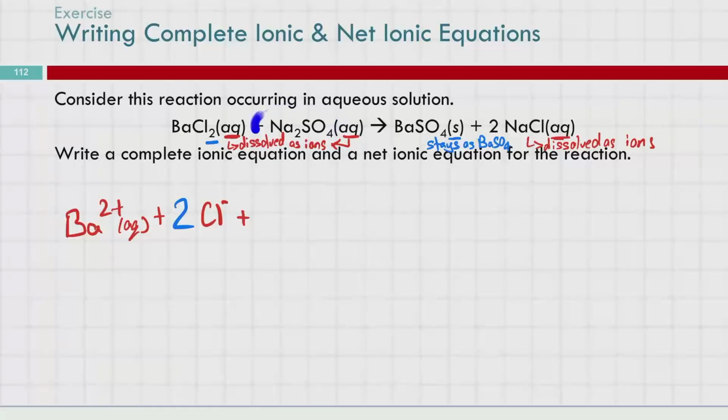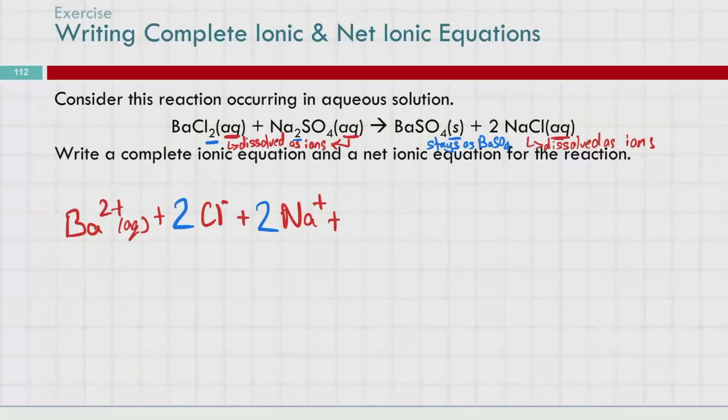Moving on to our Na2SO4, we've got a subscript of 2 on the Na, on our sodium. So we've also got 2 sodium ions. Sodium's a 1+ because it's in that alkali metal column, the first column. And we've also got our sulfate, SO4.